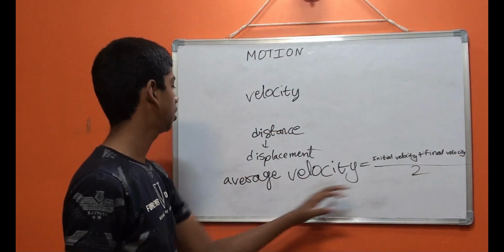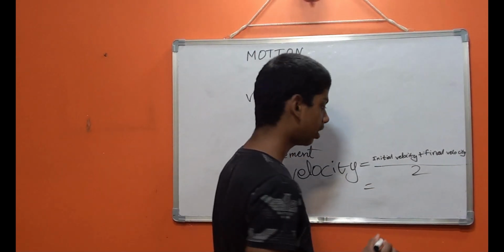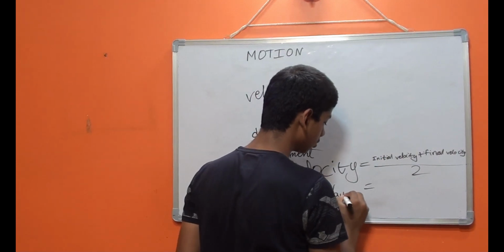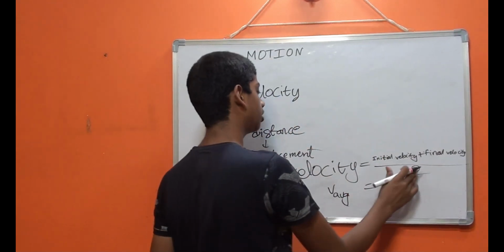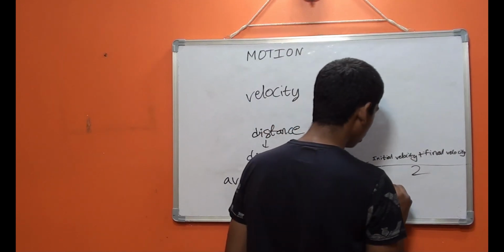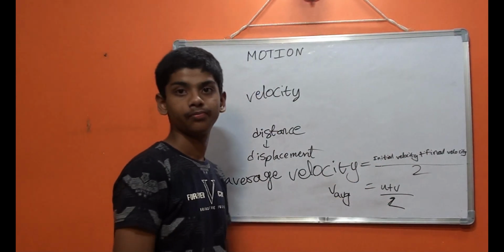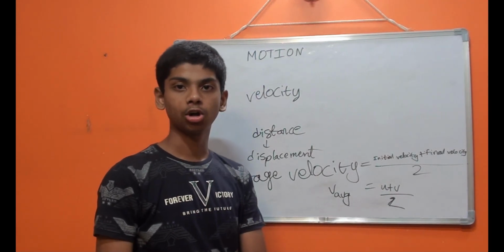This is the formula for finding average velocity. We can write it as average velocity equals u plus v by 2.